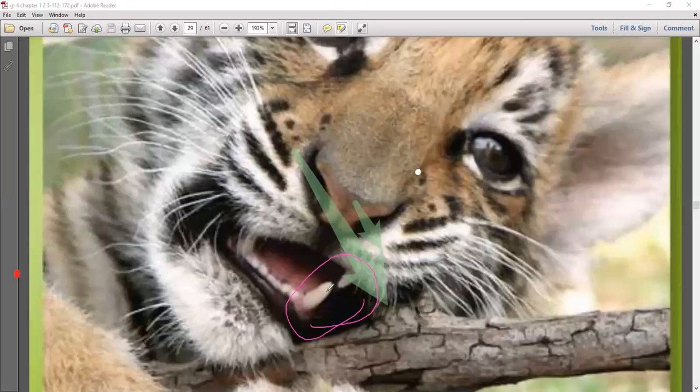The tiger has sharp teeth that help it to catch prey and protect itself. Okay, excellent. That helps it to cut its food, and helps it to protect itself. So that's a very important advantage for this tiger to survive in its environment.